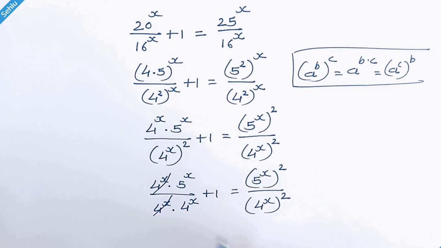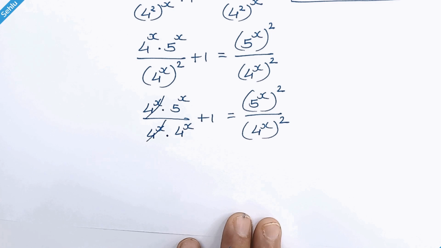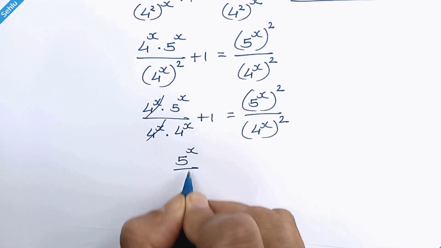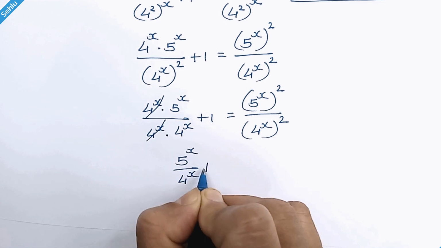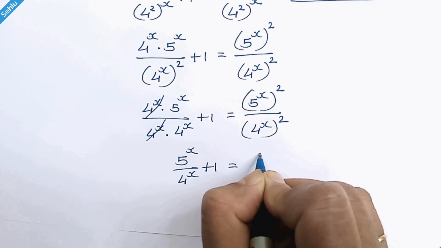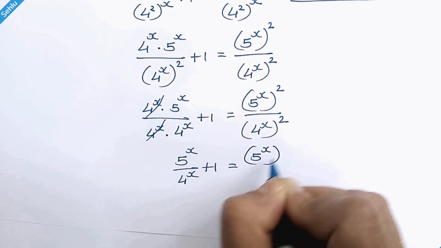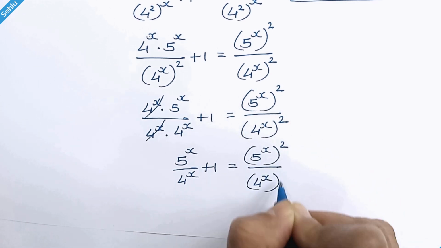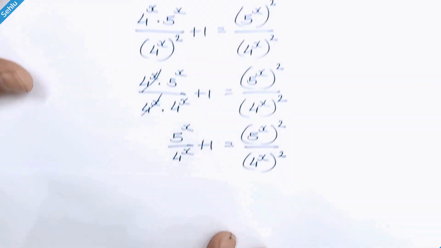So these two will be eliminated. Now we have 5 raised to x over 4 raised to x plus 1 is equal to 5 raised to x whole square over 4 raised to x whole square.